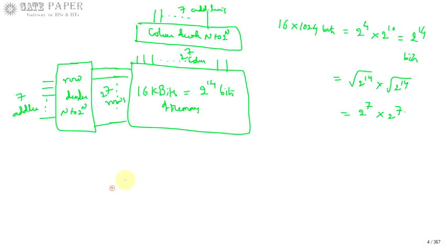So the number of address lines required for the row decoder is equal to 7 whenever you are designing it as a square array. Okay, so the answer is 7 for this question. Thank you.